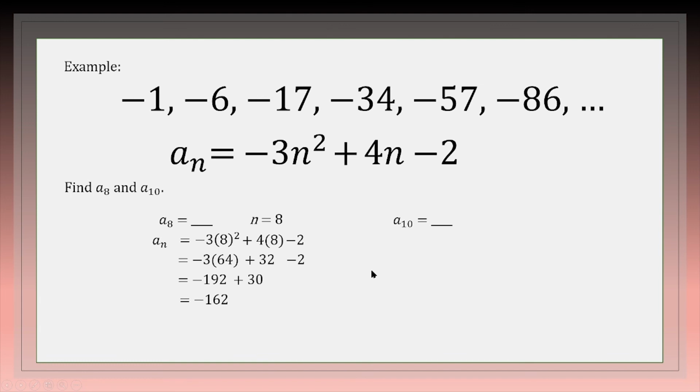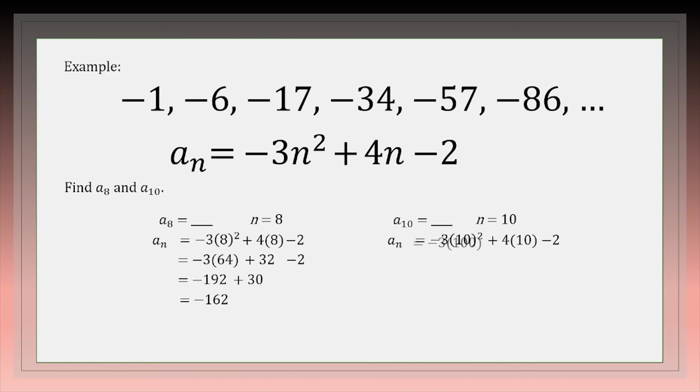Then, how about a sub 10? So, a sub 10 natin is the value of n becomes 10. So, ganun ulit. A sub n or a sub 10 is equals to negative 3 times the value of n which is 10 squared plus 4 times the value of n which is 10 minus 2.